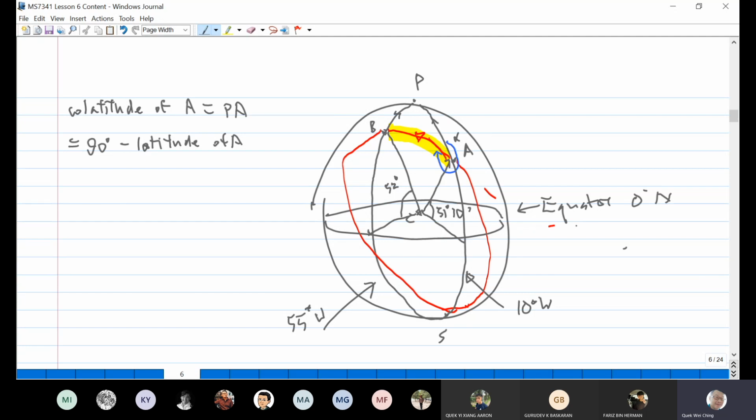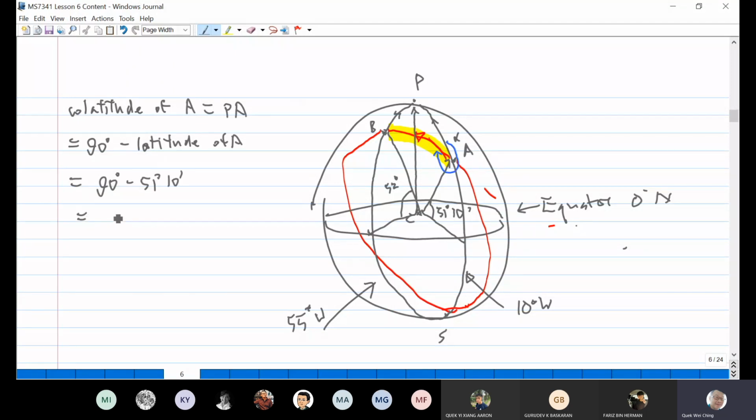So you know that this angle from the center of the Earth is 90 degrees. So PA is the angle between, you can see from there now, 90 minus 51 degrees 10 minutes.